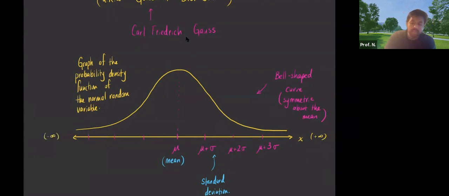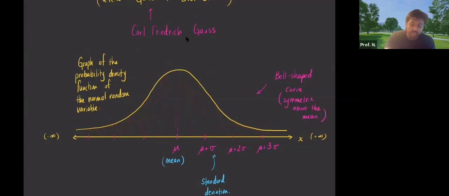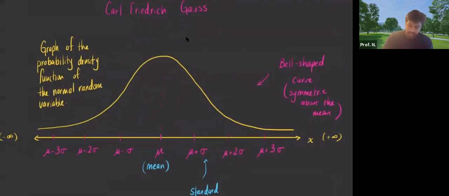But the bulk of the area underneath this curve occurs within these 3 standard deviations. Let's also talk about going to the left. This is mu minus standard deviation. This is mu minus 2 standard deviations. And this is mu minus 3 standard deviations. It's a very nice curve. Very nice.